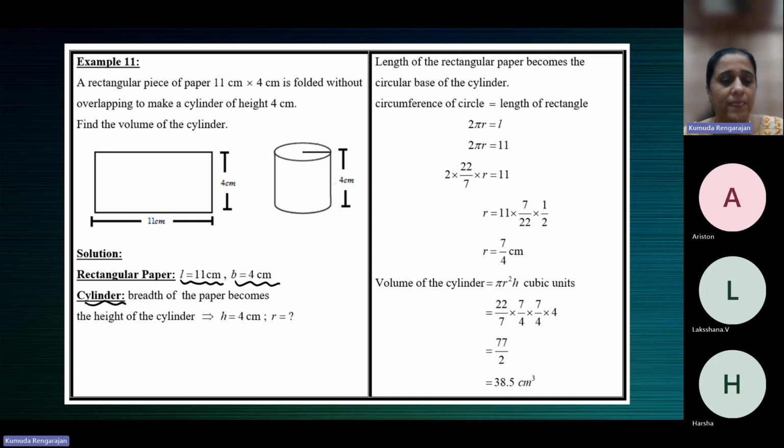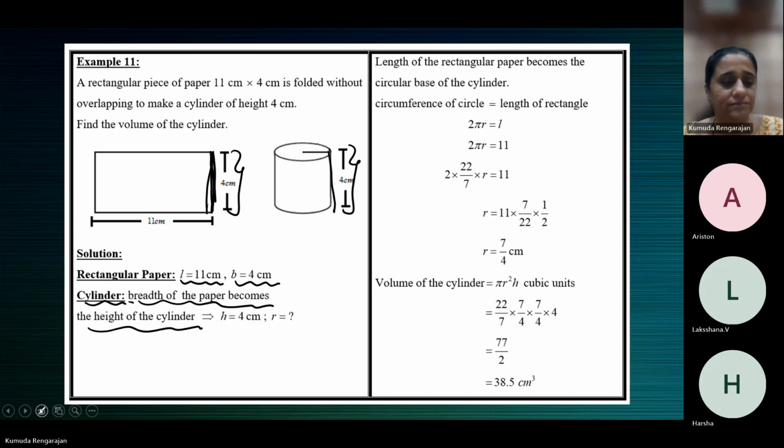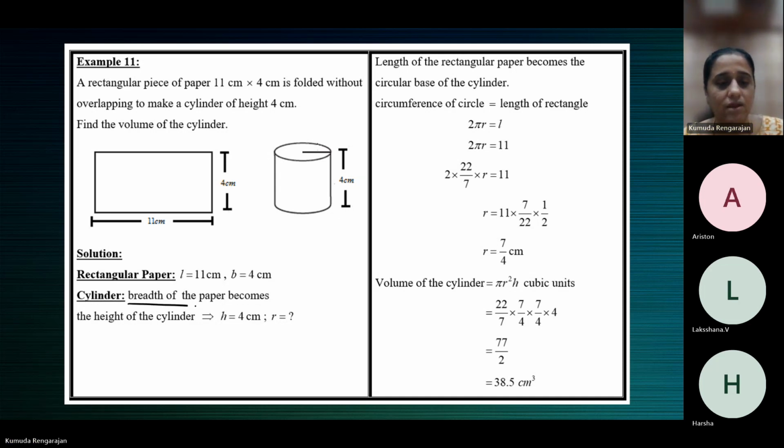Now in the cylinder, the breadth of the rectangle becomes the height of the cylinder. So height of the cylinder is 4 centimeters.